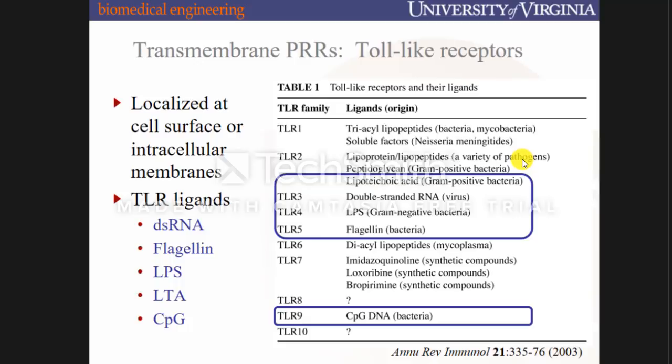RNA viruses will enter a cell, hijack our machinery, continue to create more virions, blow up the cell, and move on to the next cell. So the TLR3 receptor that recognizes RNA viruses is an intracellular TLR because that's where the virus is located when we're infected.